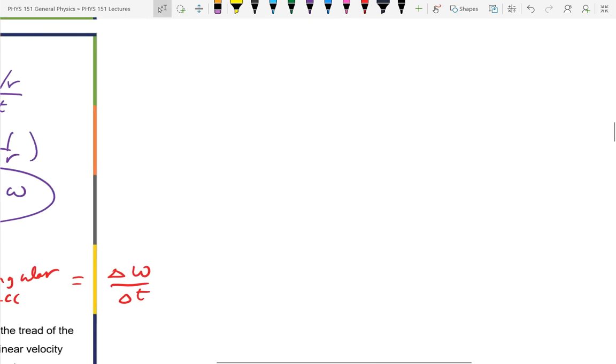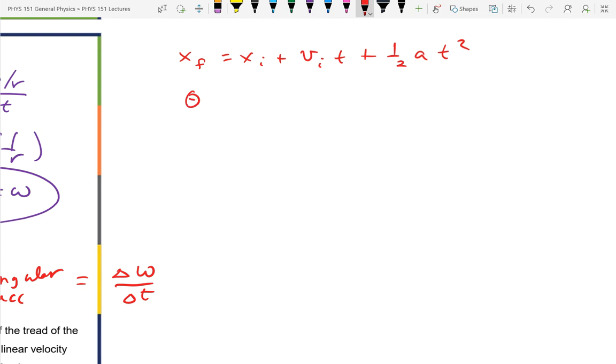So if we look at our kinematic equations, we had that equation. If we substitute, we'd have the same equation, I just changed x's to thetas, v to omega, and a to alpha. And likewise for the rest of them.